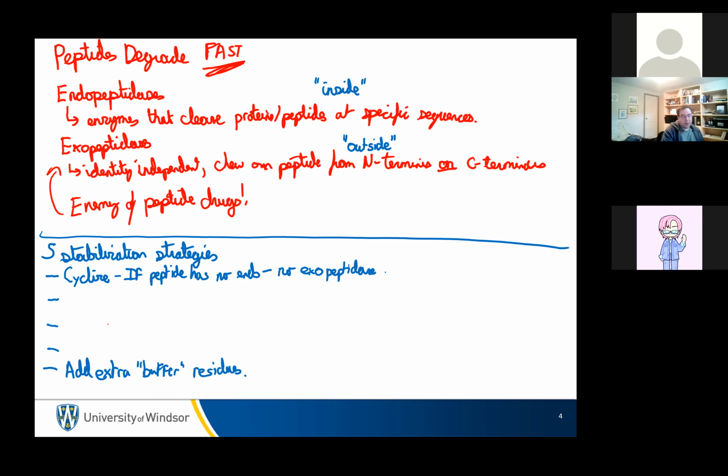So if you don't have a C terminus or an N terminus because your C terminus is tied to your N terminus, then exopeptidases don't have anything to grab onto. It is cool, isn't it?